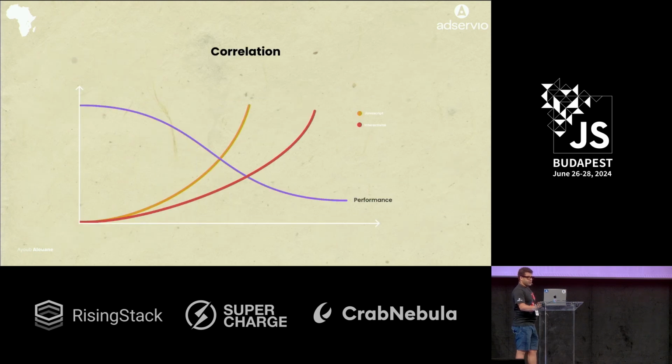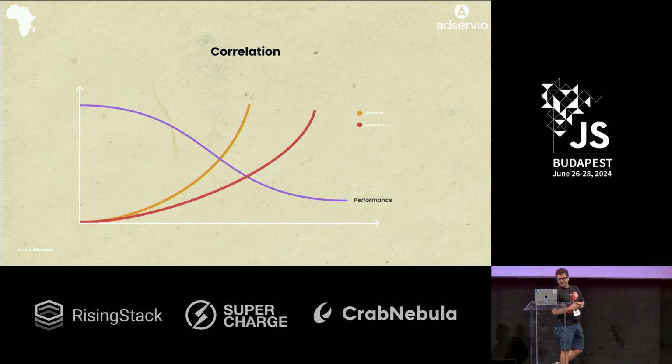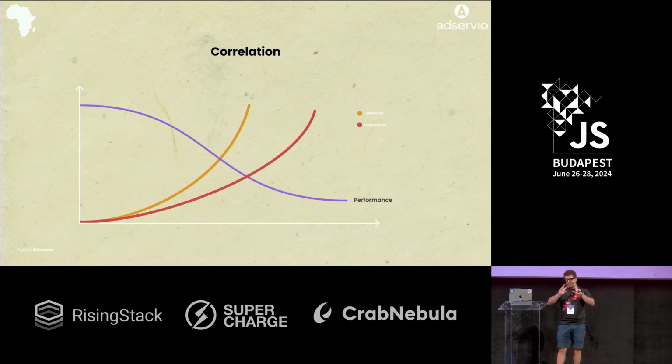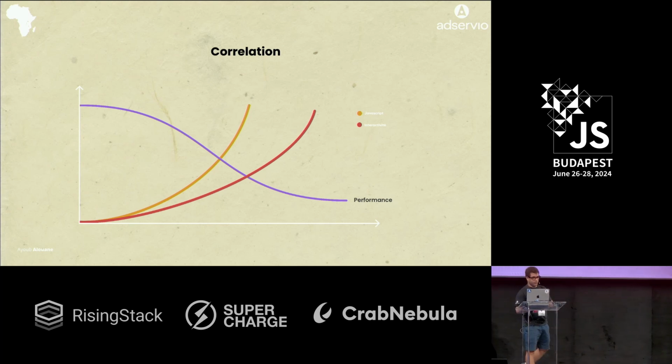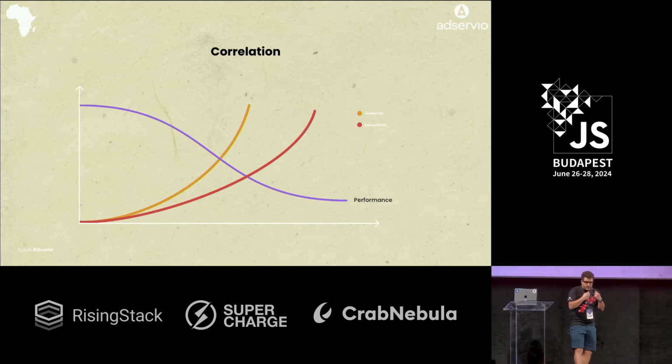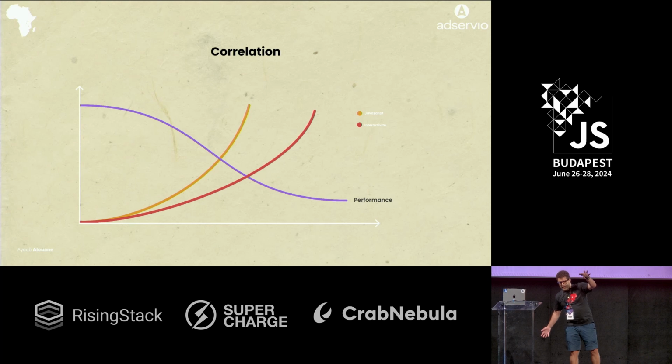I have a slide before that. So here's a slide that shows the correlation between two things, between the amount of JavaScript that we execute in our page and the performance of our websites. Imagine that you have a website where the user demands a lot of interactivity. I want this button, I want another button, I want graphs, I want these things, a lot of things that he wants.